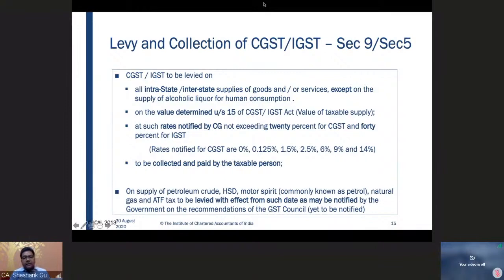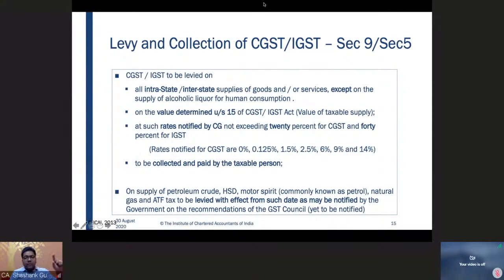Mansi is asking, IGST to be paid in addition to customs duty? Yes, Mansi, when we move on to customs, I'll tell you in detail. What I can tell you right now is, suppose 1000 rupees is the value of any imported goods.